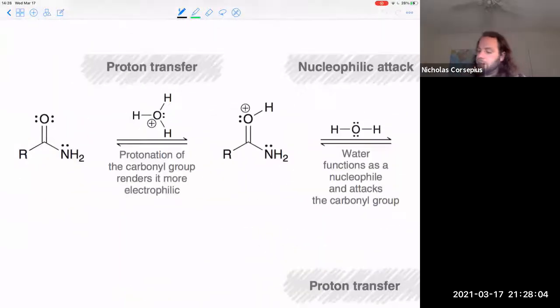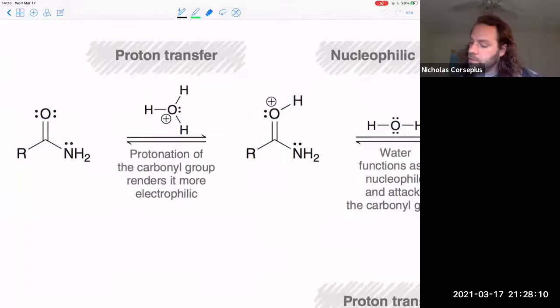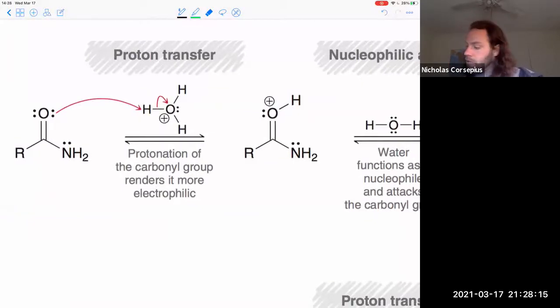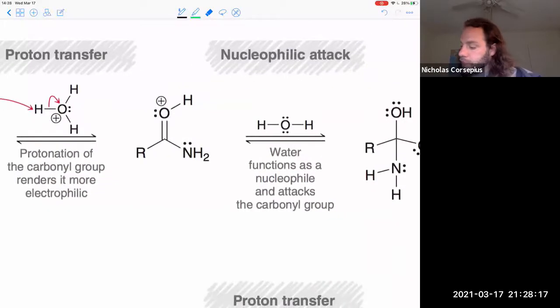Reaction mechanism. So this is going to be an acidic reaction mechanism. What do we think is going to occur first? We're going to protonate that carbonyl oxygen. Then we're going to have a nucleophilic attack because we now have this really good electrophile, which is the carbonyl carbon.